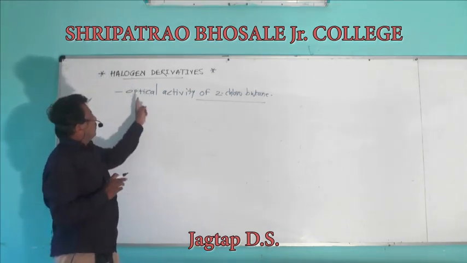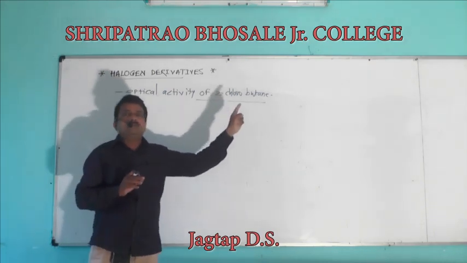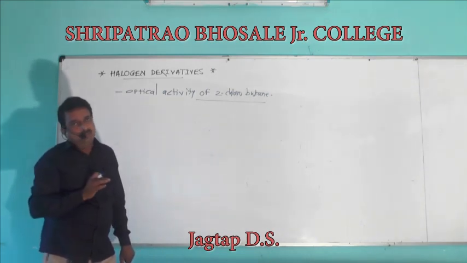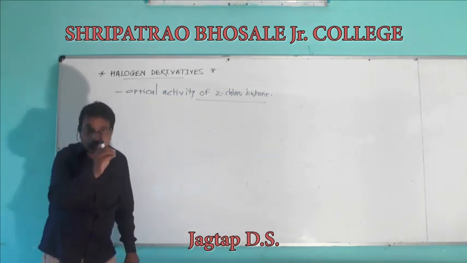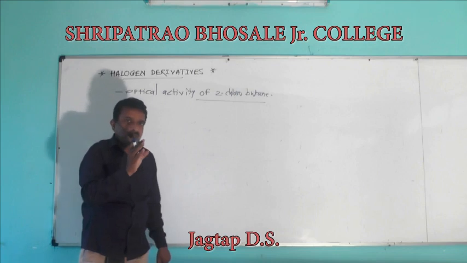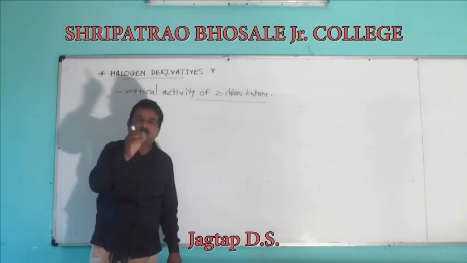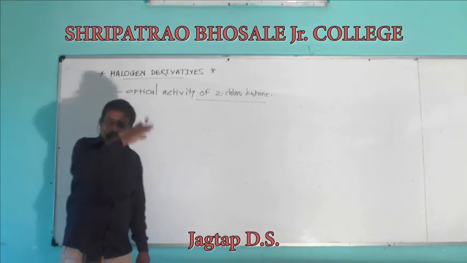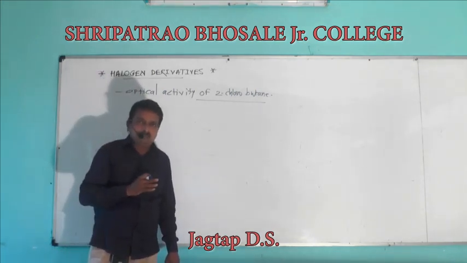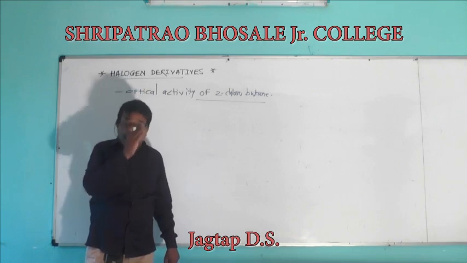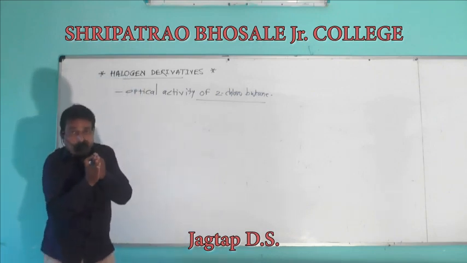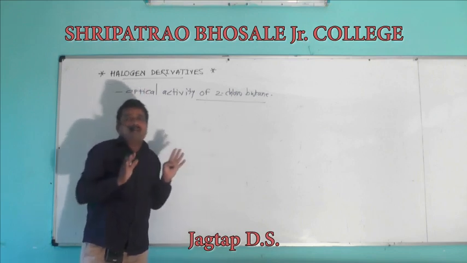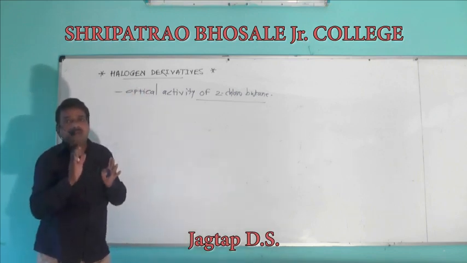So, optical activity of any optically active compound: the compound which rotates the plane polarized light towards the right side, or towards the clockwise direction, or the compound which rotates plane polarized light towards the left side, that is towards the anti-clockwise direction, such compounds are called optically active compounds.